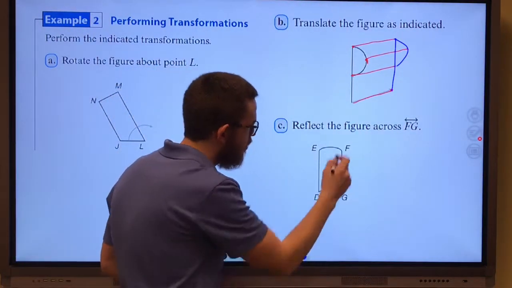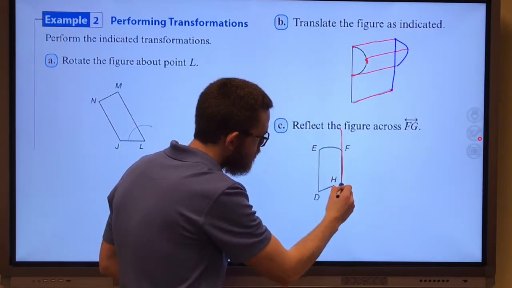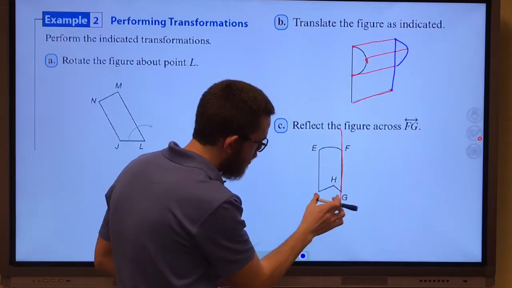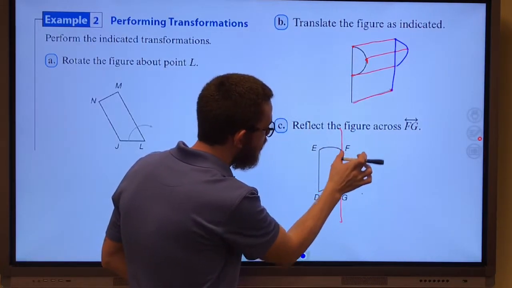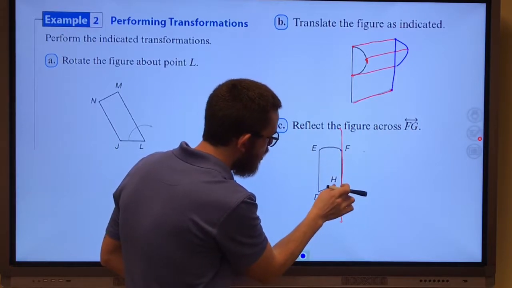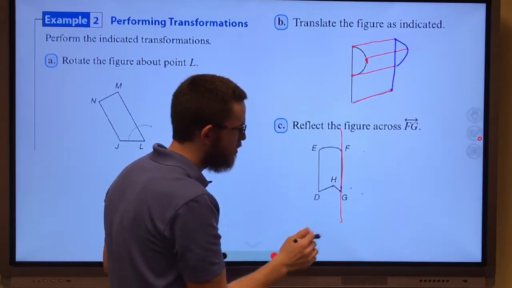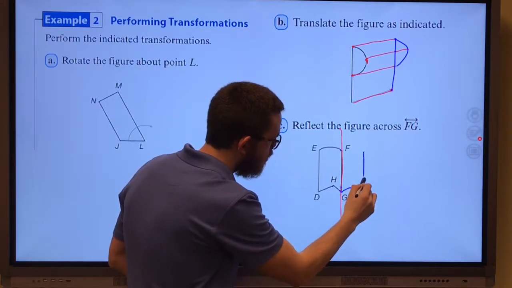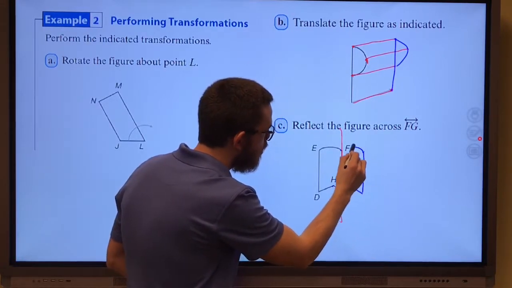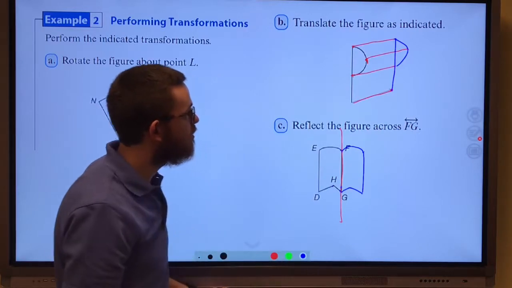And so again, we see our line of reflection. D needs to be the same distance away. E needs to be the same distance away. H needs to be the same distance away. We can connect these points to get our reflected figure.